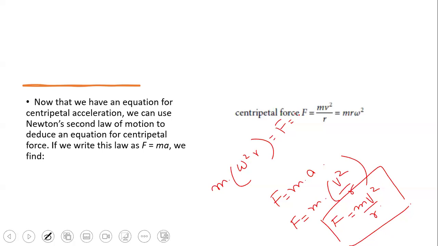So centripetal force is equal to mr omega squared. So there are two formulas for centripetal force. One is mr omega squared, and the other one is mv squared upon r. Centripetal force is always going to be acting towards the center.